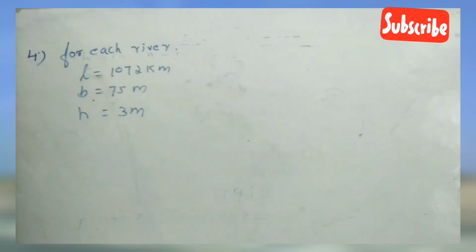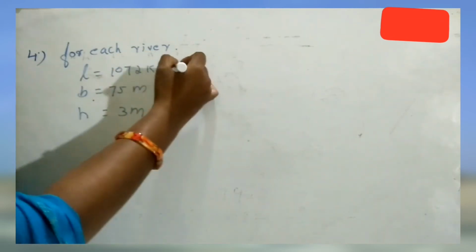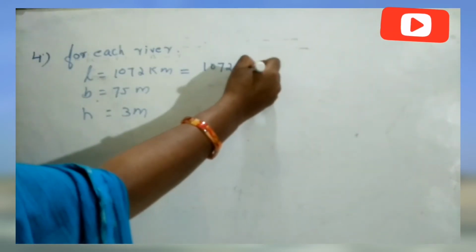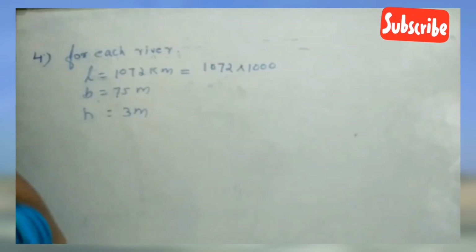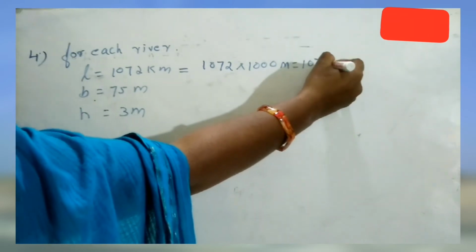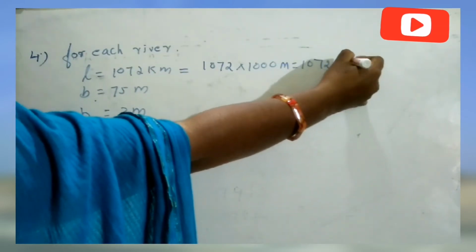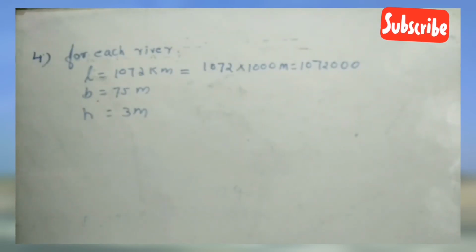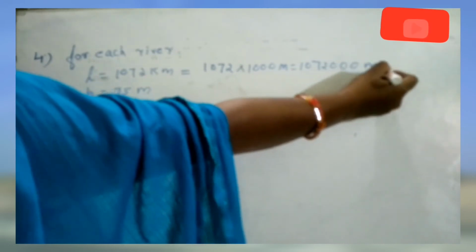Since these two are in meter, I am going to convert that length into meter, that is 1072 into 1000, equal to 1072,000 meter.